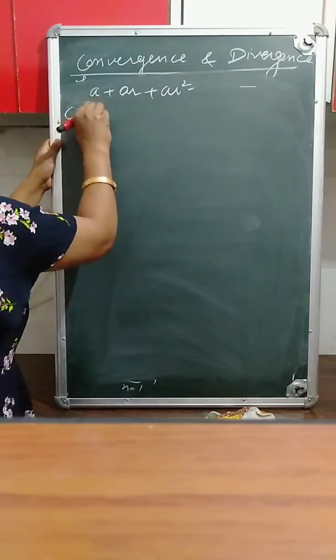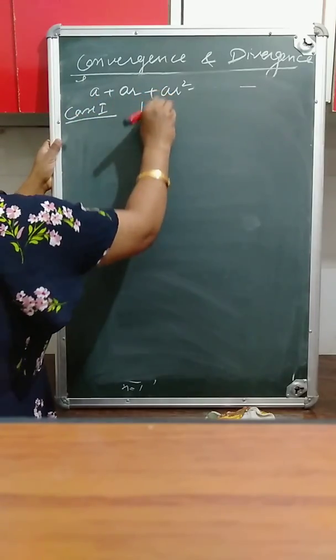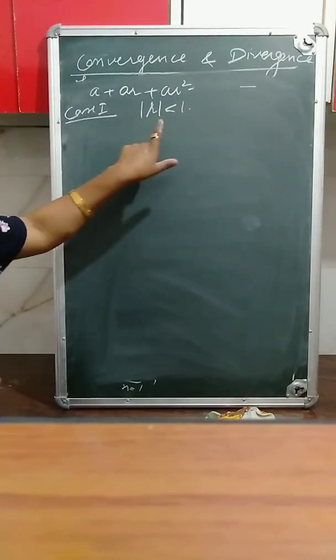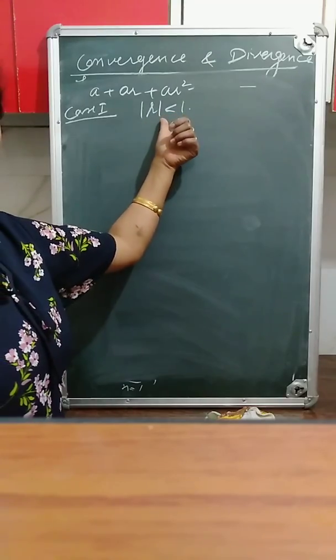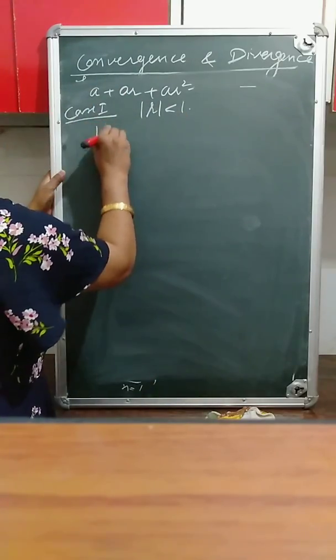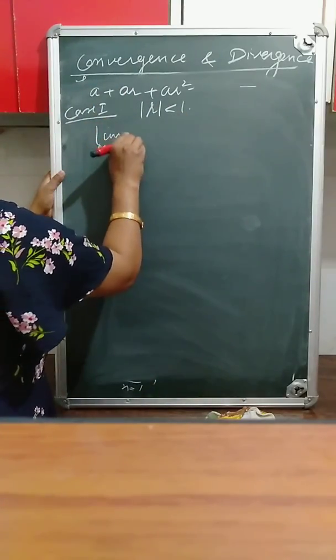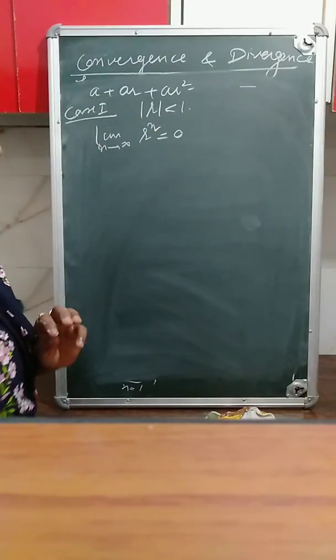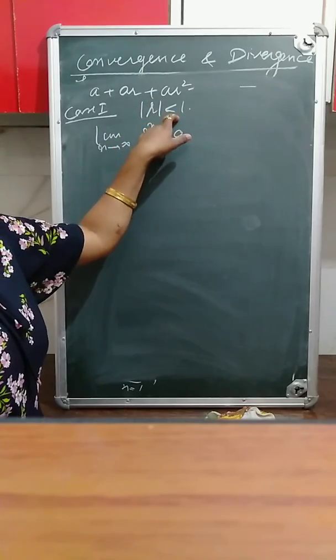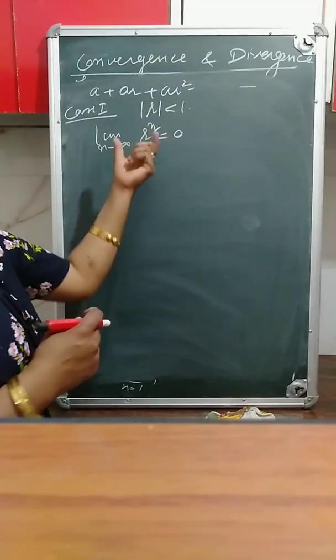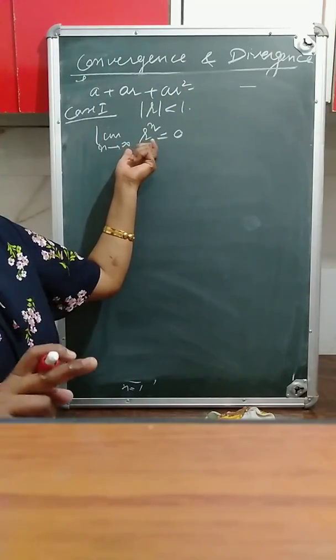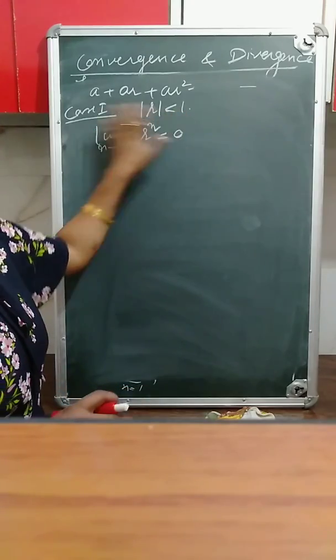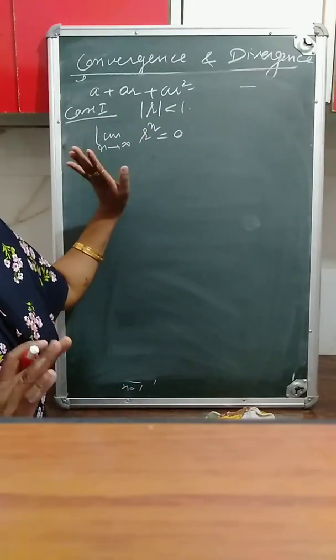If modulus of r is less than 1, we know that limit n tending to infinity of r raised to the power n will be 0. Because modulus of r is less than 1, as we raise the power, the number goes on decreasing and decreases to 0. This is a standard result of sequences.